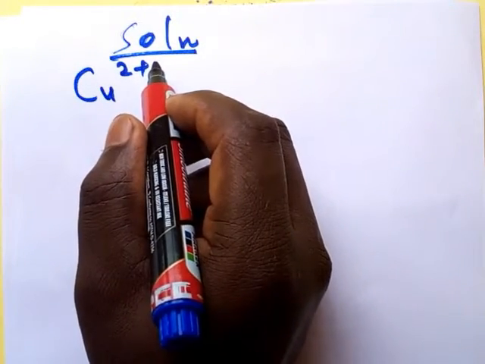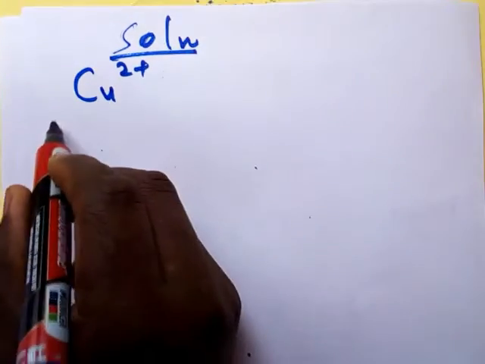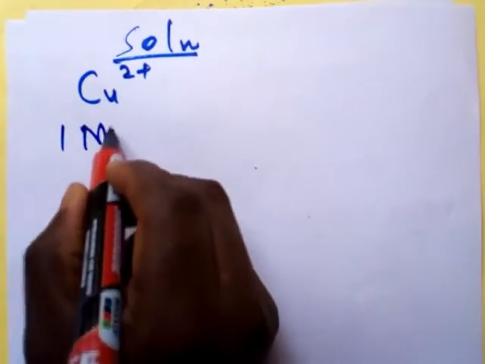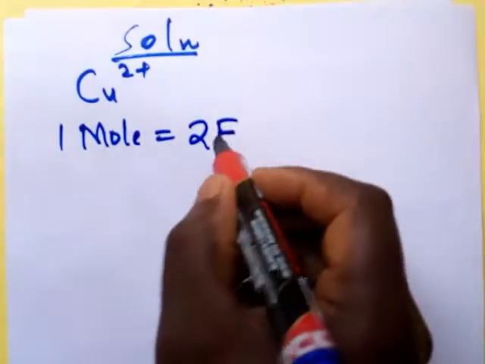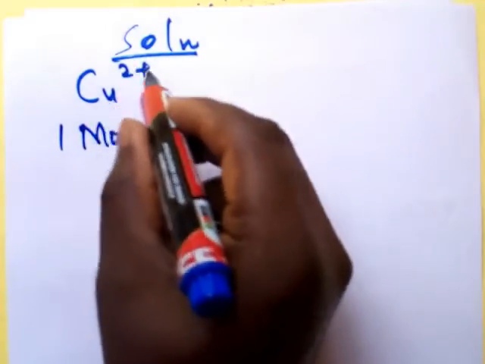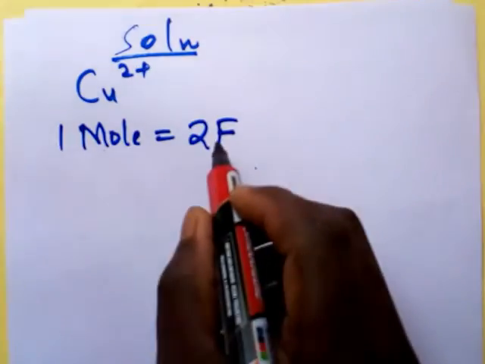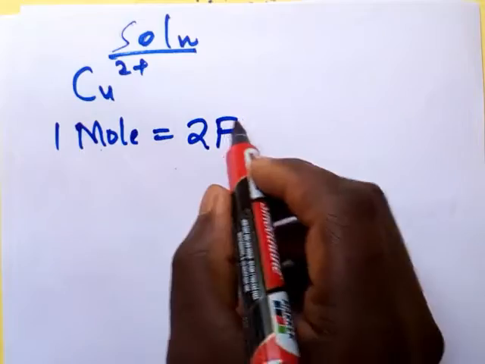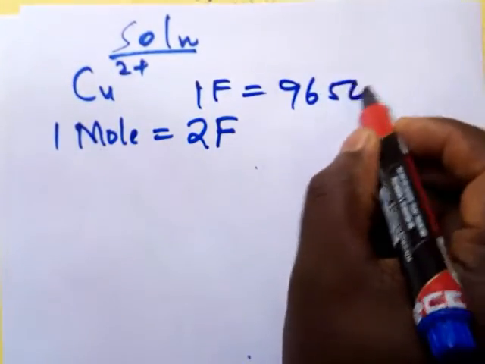That is the first thing you must remember and put in your mind. So 1 mole will contain 2 Faradays, because being divalent, it has 2 electrons. So it will contain 2 Faraday, and we know that 1 Faraday equals 96,500 coulombs.